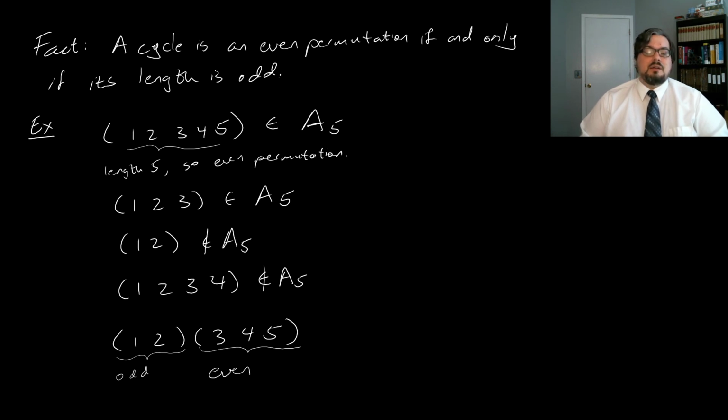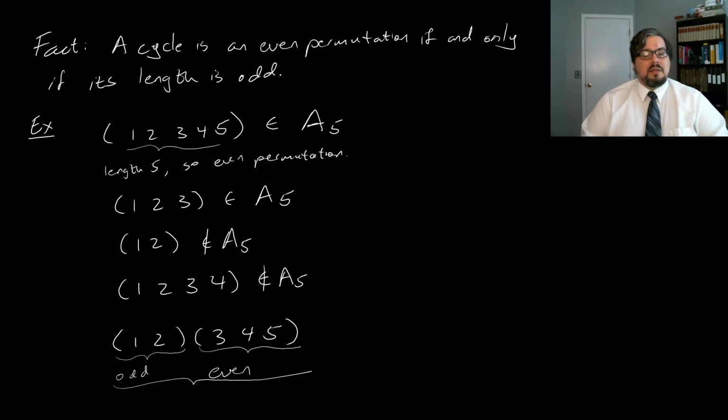Now, when working with a product of these cycles in a disjoint cycle decomposition, or even a non-disjoint cycle decomposition, whether or not your result is odd or even follows the same rules as adding numbers.